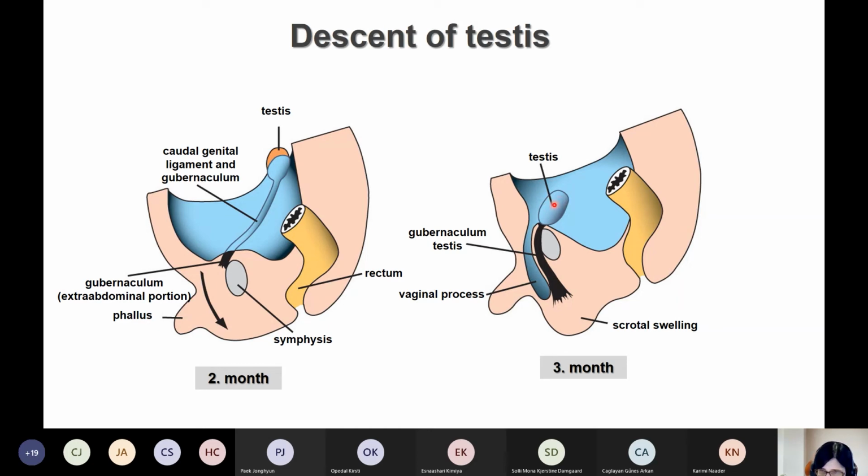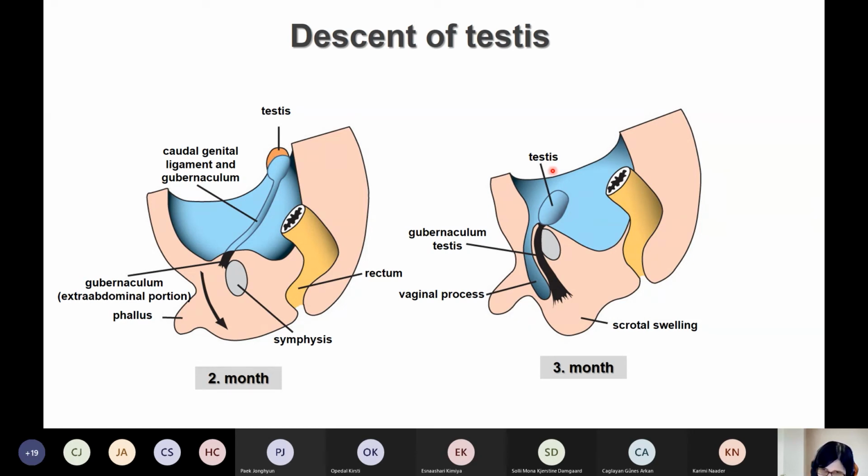Independently from the descent of the testis, one process of the peritoneal cavity is visible. So this is a protrusion of the peritoneal cavity. This is the vaginal process. It is not dependent on the descent of the testis, but they happen at the same time, or they are visible at the same time.